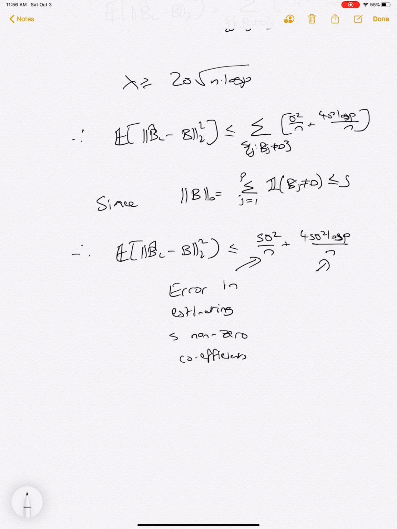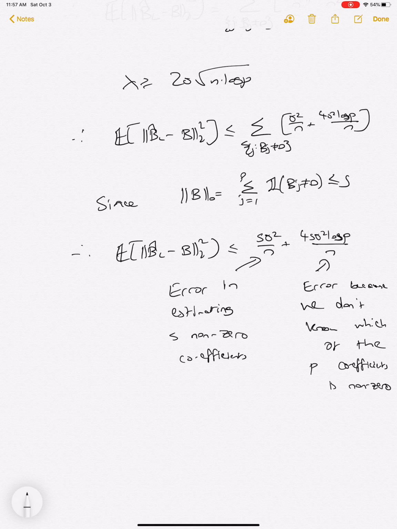And this is the error because we don't know which of the p coefficients is non-zero.